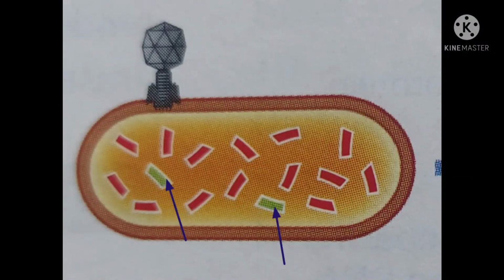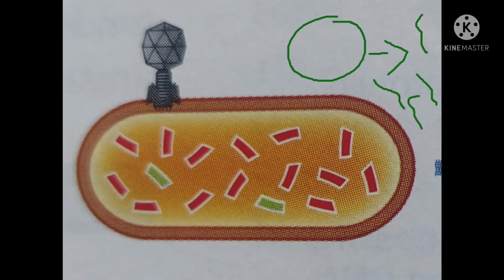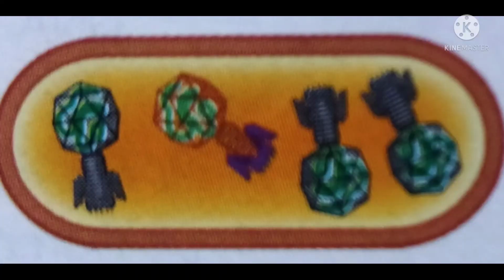You can see that the green colored DNA is fragmented. Initially, the green colored host DNA was in circular form. Later, the red colored phage DNA induces its fragmentation.